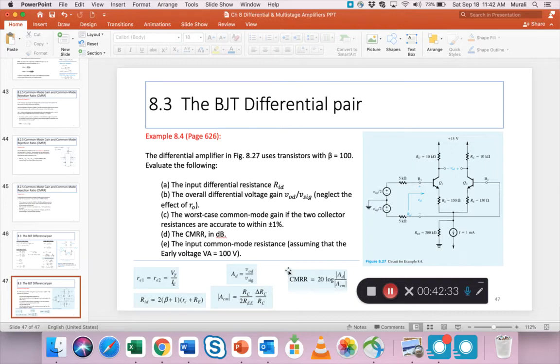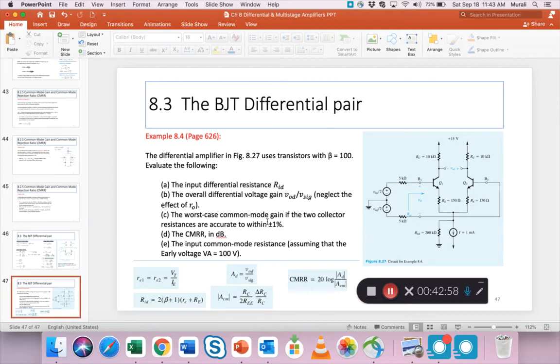Find the CMRR, use this formula, AD, ACM, and this is 1%, remember? And then the input common mode resistance. So all these have formulas, and they are all applied one after the other, and you can see for yourself how he proceeds to answer each of these A, B, C, D, E.